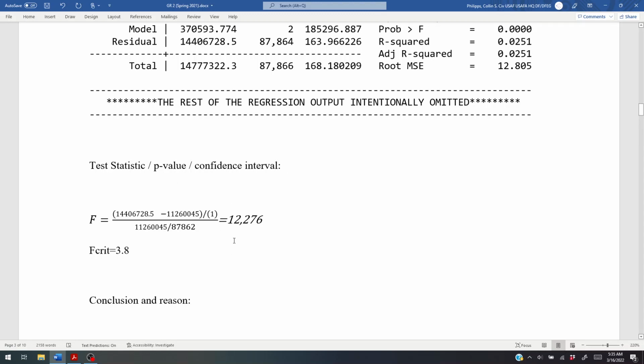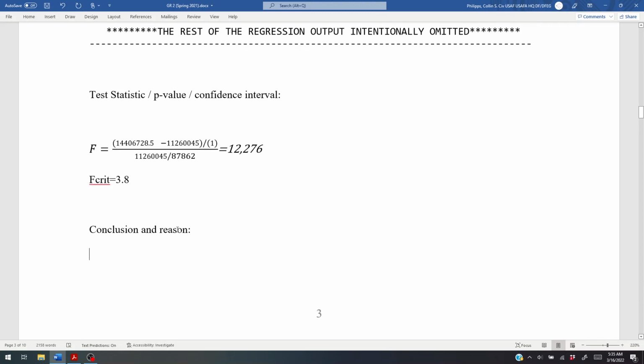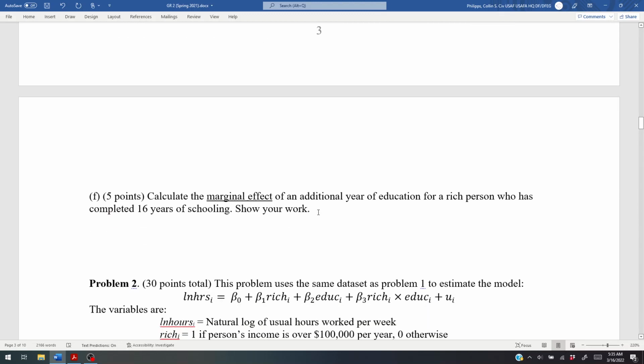So if our estimated F-stat is 12,000 and the critical value is 3.8, the conclusion is going to be reject, and the reason is going to be test stat greater than 3.8. Awesome.